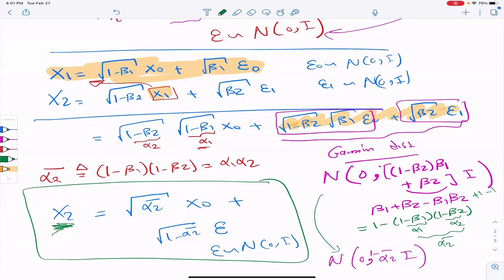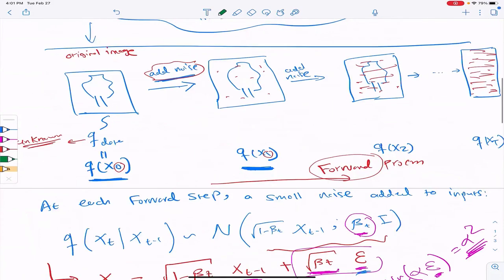They're Gaussian noise, and the addition of multiple Gaussian noises is Gaussian noise. So you can just massage it and get the distribution of the whole overall noise that you're adding from time 0 to whatever time t you're considering. So you can jump to any step in your forward process.